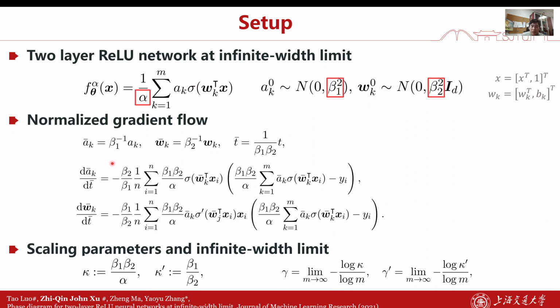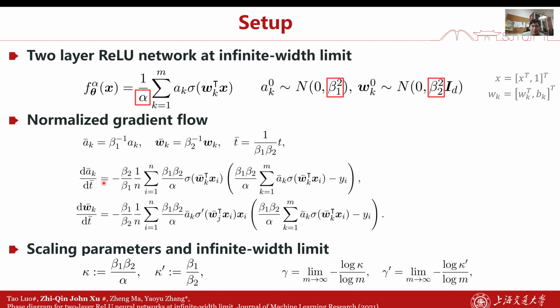If we take the gradient with respect to A, we will have this W. So the amplitude, the scale of W, will affect the learning speed of A. And if we take the gradient with respect to W, we have this A in the other gradient. So the scale of A will affect the learning speed of W here. So this beta 1 over beta 2 will actually determine the learning speed difference for these two parameters. So here is beta 2 over beta 1, and this is beta 1 over beta 2.